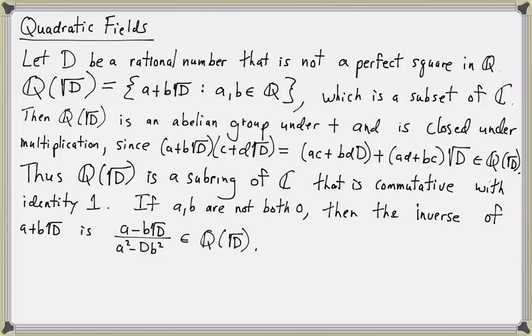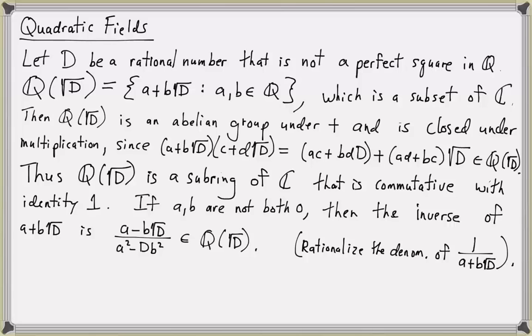To see that this is the inverse, just take the reciprocal of A plus B square root of D and then rationalize the denominator of 1 over A plus B square root of capital D. And we'll see that we obtain this expression.